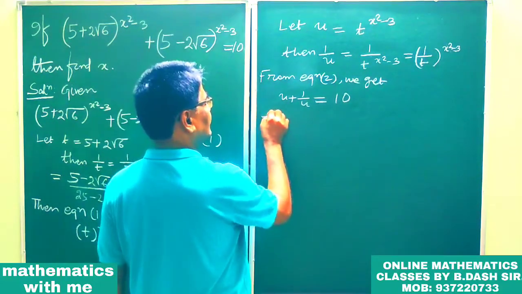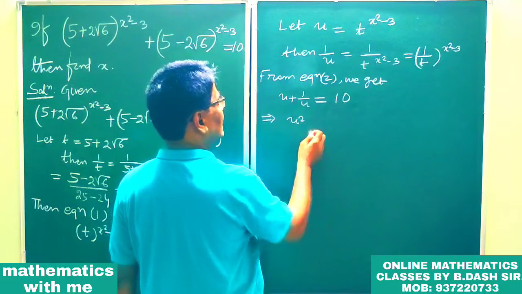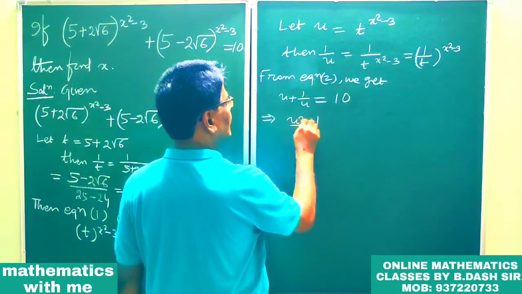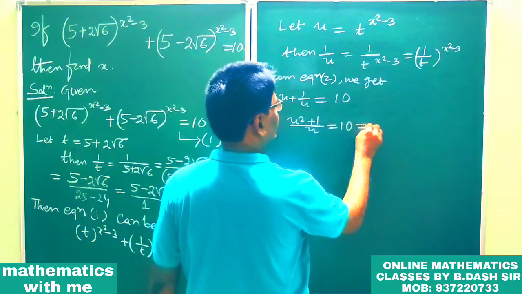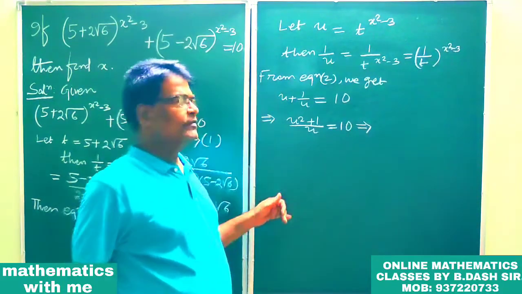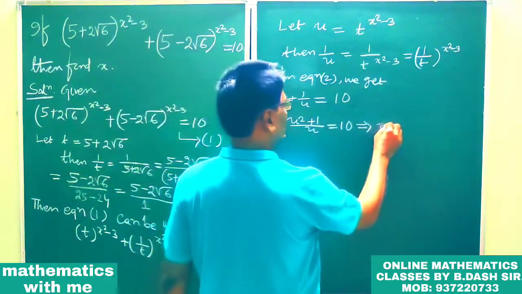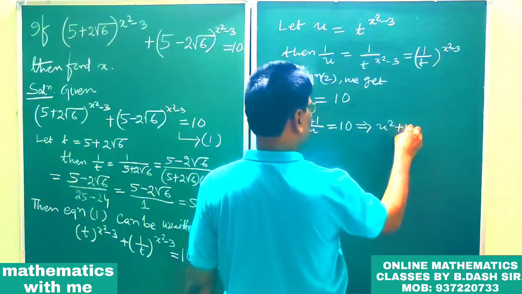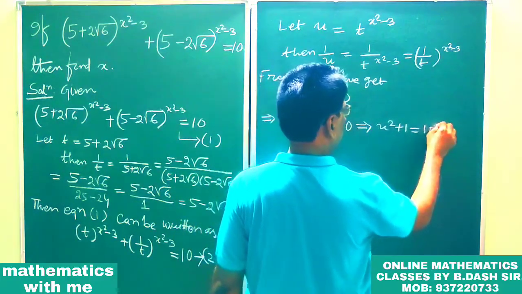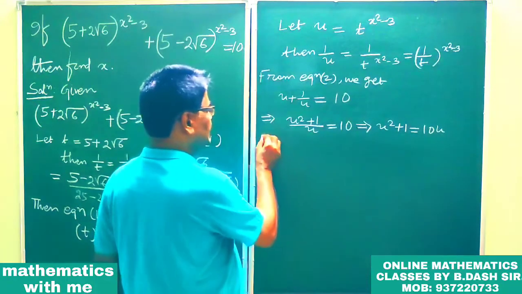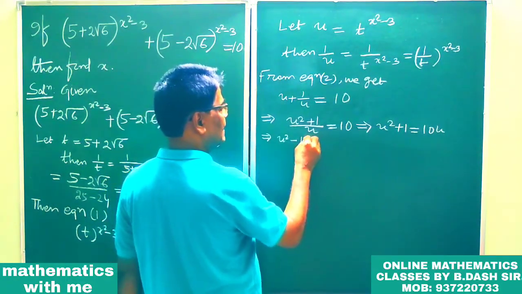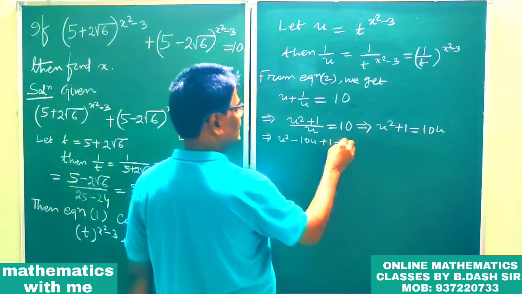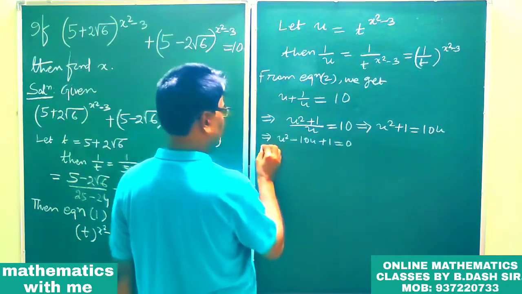This implies u square plus 1 by u is equal to 10. Again, this implies u square plus 1 is equal to 10u. This implies u square minus 10u plus 1 is equal to 0.